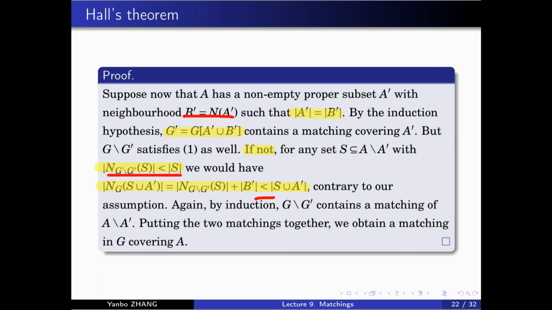Then, putting the two matchings together, we obtain a new matching covering A. This is interesting. We cannot use the induction hypothesis on G, but we can use it on a smaller graph G' and also on the other part G minus G'. So the proof is done.